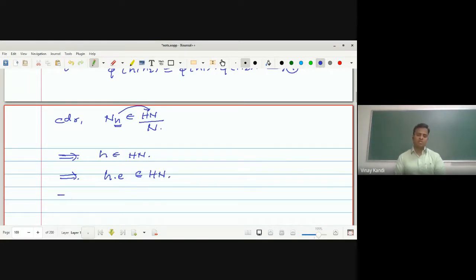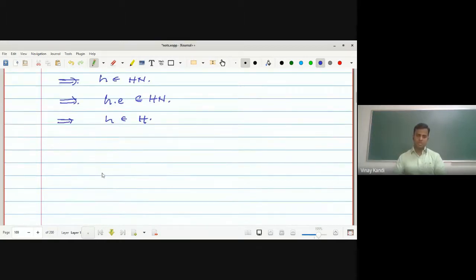That means h belongs to H and e belongs to capital N. So this implies h belongs to capital H. Thus, what we assumed is Nh, categorically Nh belongs to HN upon N.